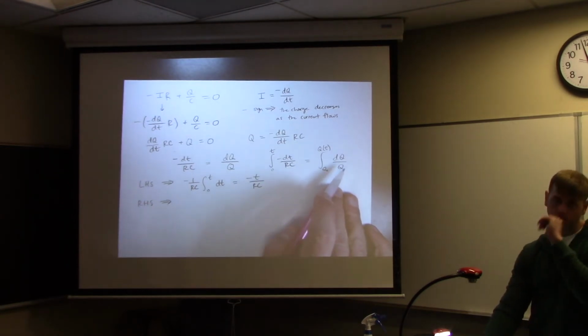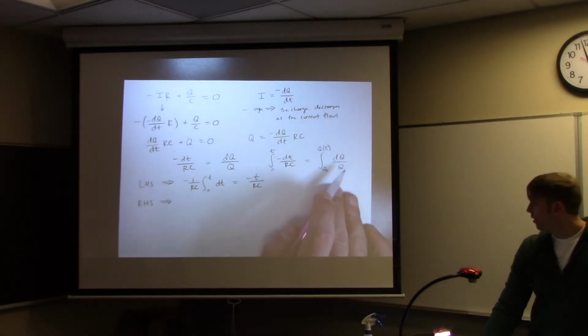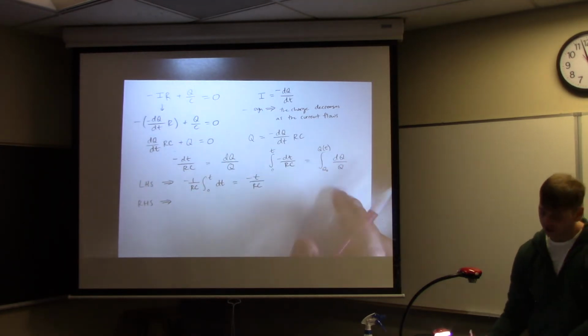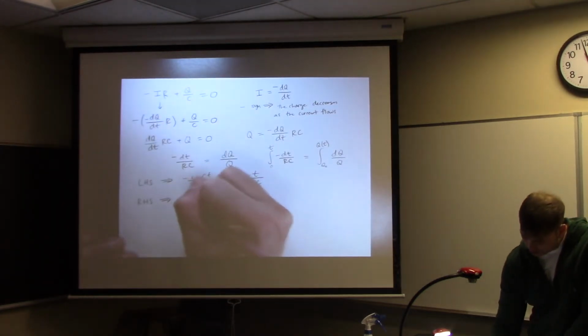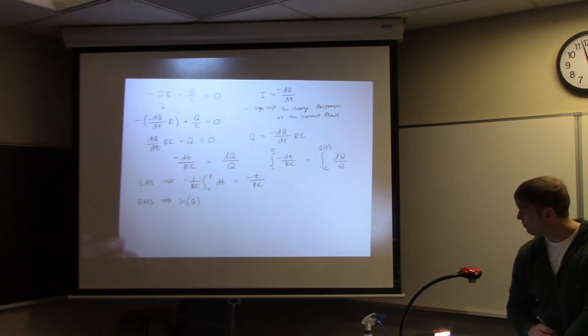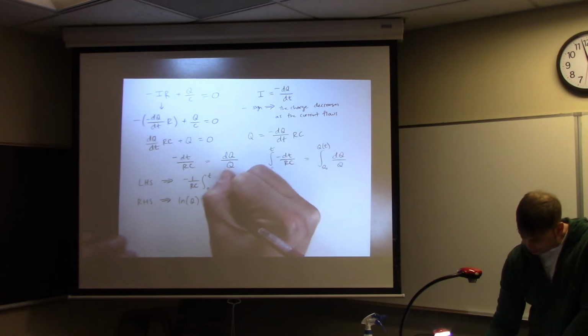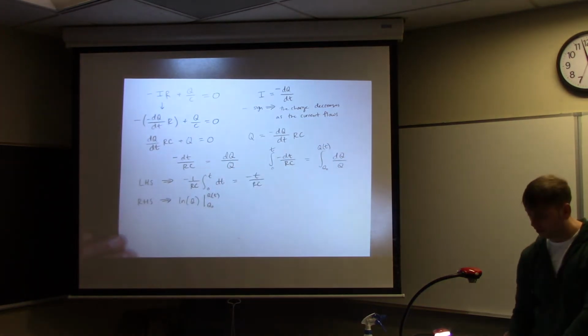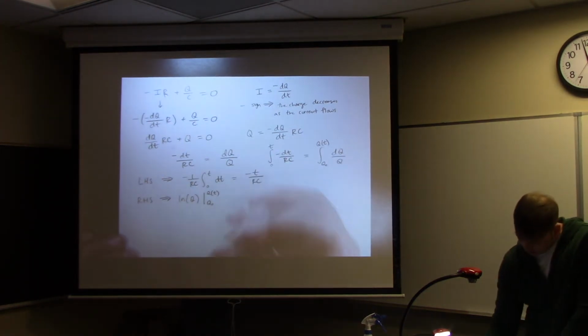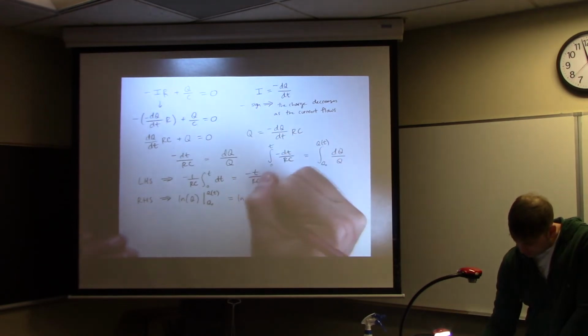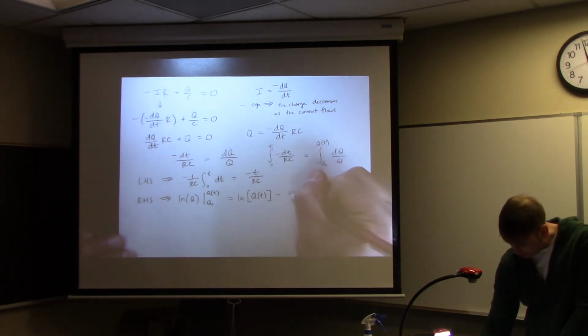We know exactly what this integrates to, because 1 over Q integrates to the natural log, ln Q. And we have to evaluate between the limits of Q naught and Q at time t. So we have natural log, top limit is Q at time t, bottom limit is Q naught.